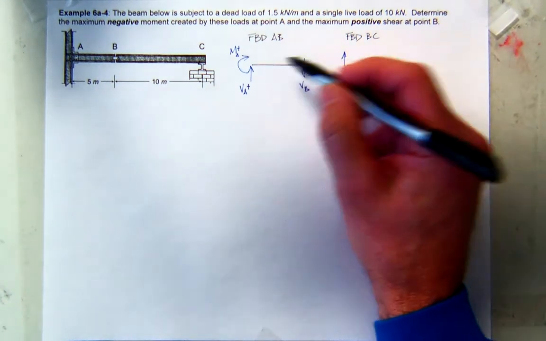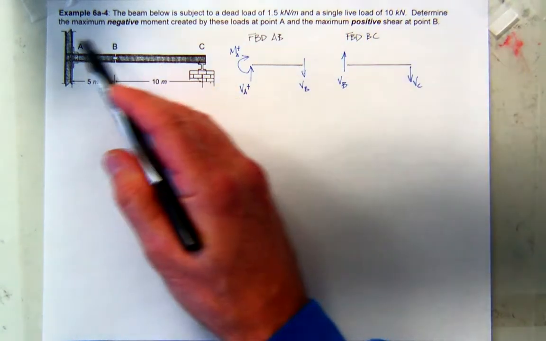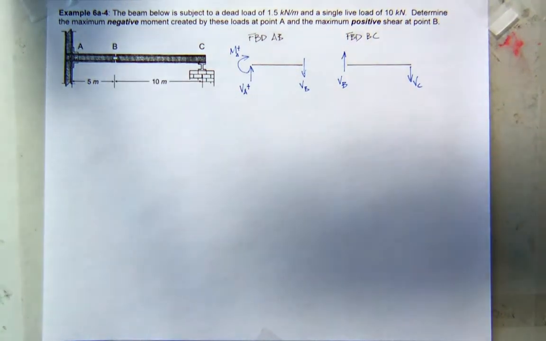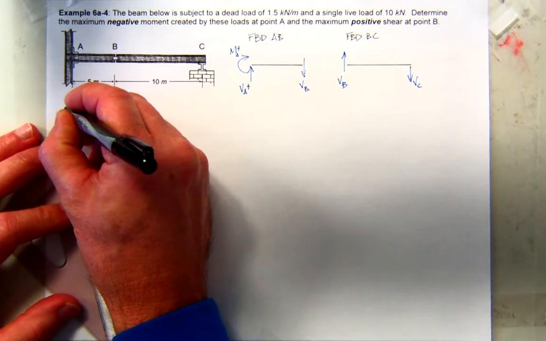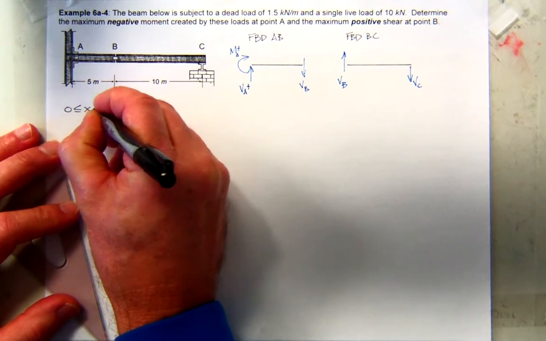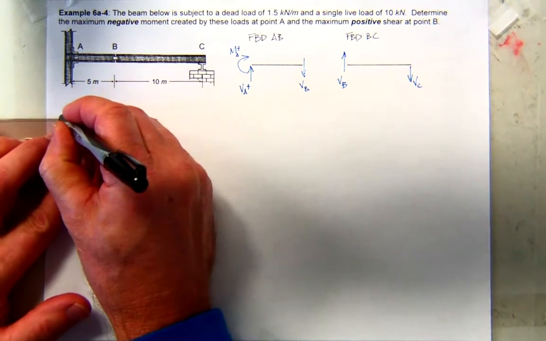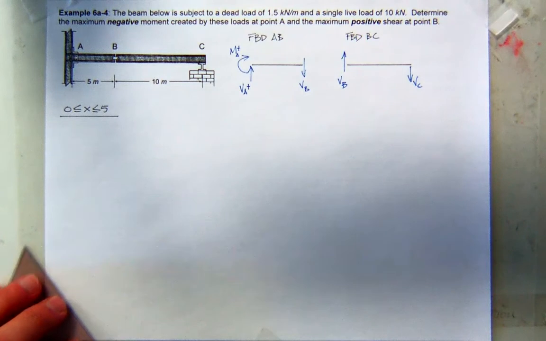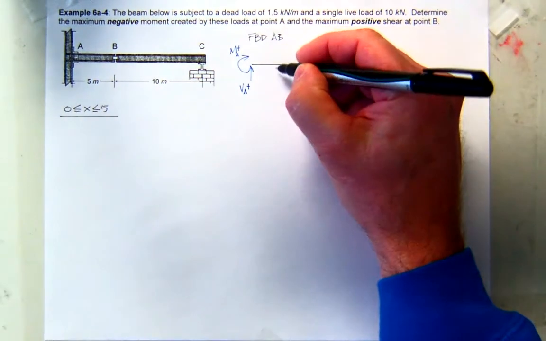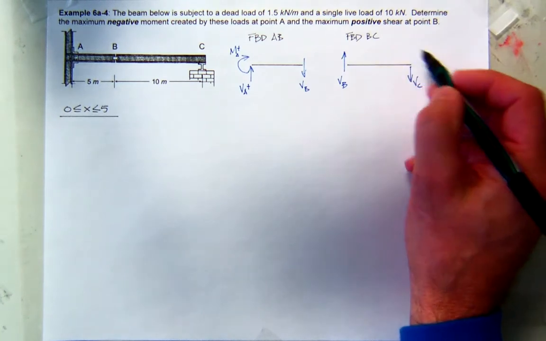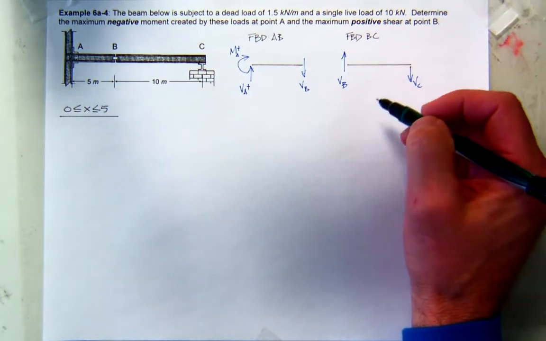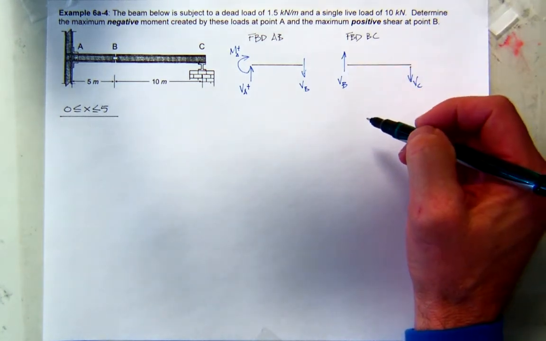So we're going to look at these two free bodies for my unit load, and in both cases I'll get my reaction at B. So let's look at the first one when the unit load is between 0 and 5. So that would be the case where it's here, right? So, if I don't have any load on BC, what's my shear at B? 0. Everybody see that?